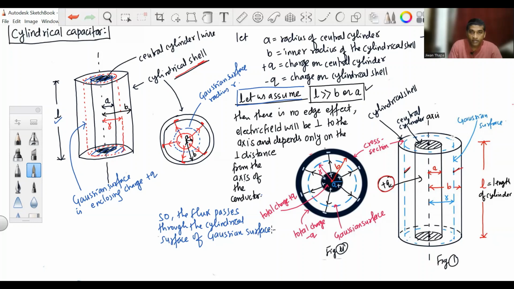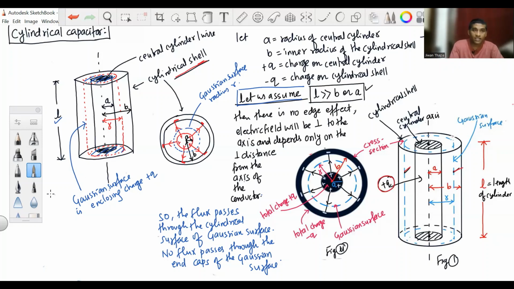So what we find? No flux, that is electric flux, passes through the end caps of the Gaussian surface. Here, electric field lines pass through the cylindrical surface of the Gaussian surface. So there is no crossing of electric field lines or electric flux through the end cap. So this is to be noted.